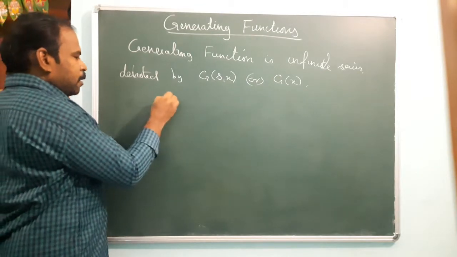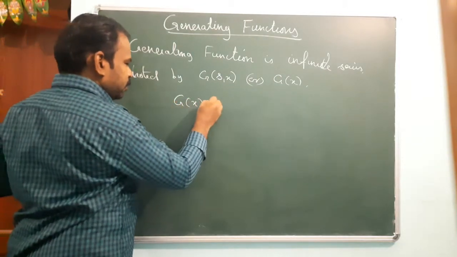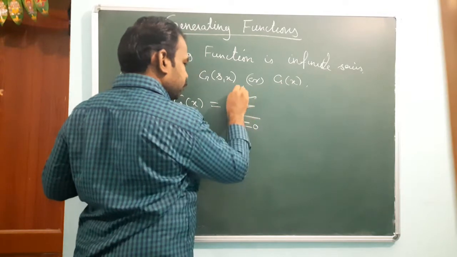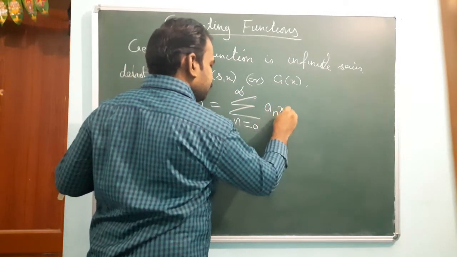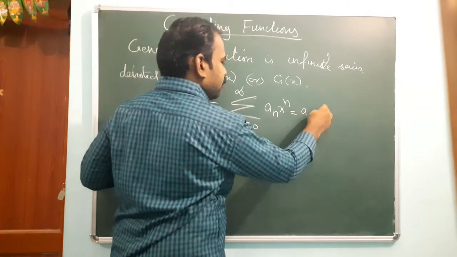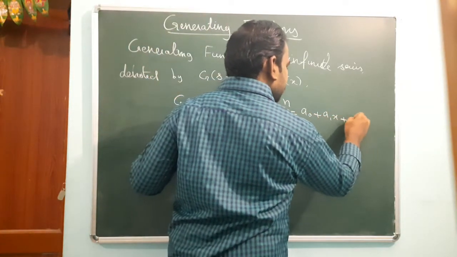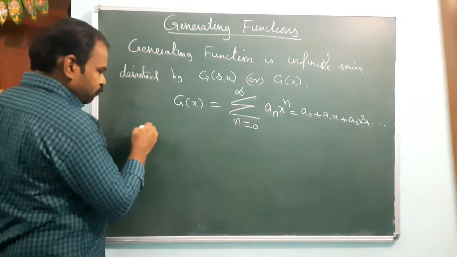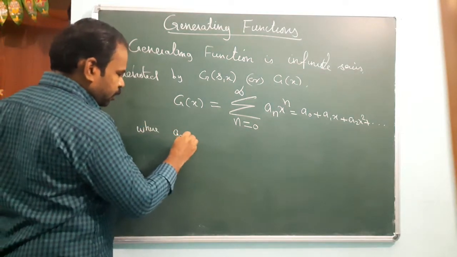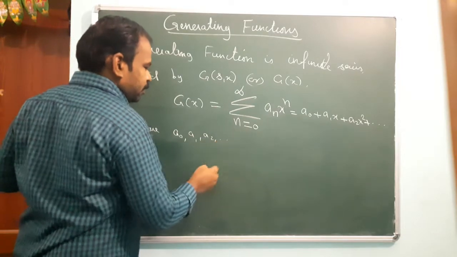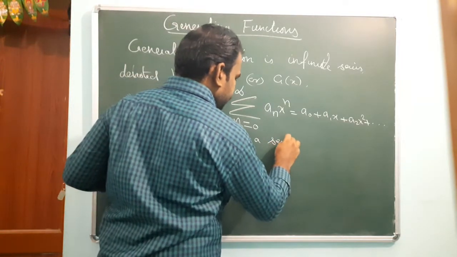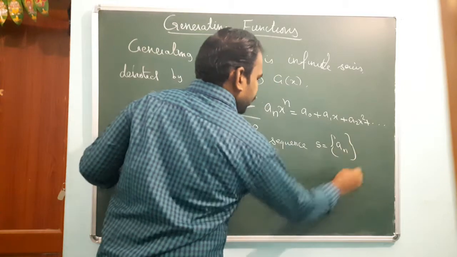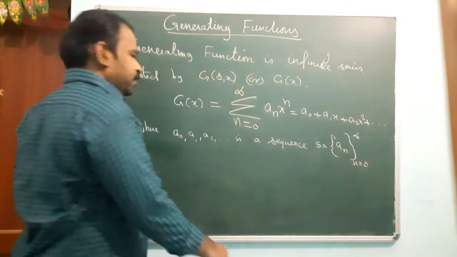So g of x equal to summation n equal to 0 to infinity a n x power n, that is a naught plus a1 x plus a2 x square plus etc., where a naught, a1, a2 etc. is a sequence, n equal to 0 to infinity.